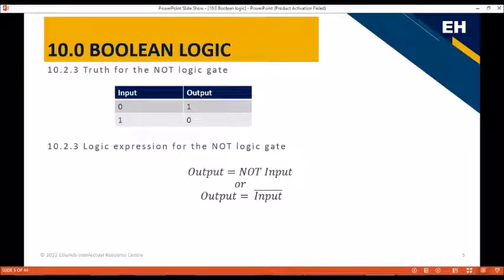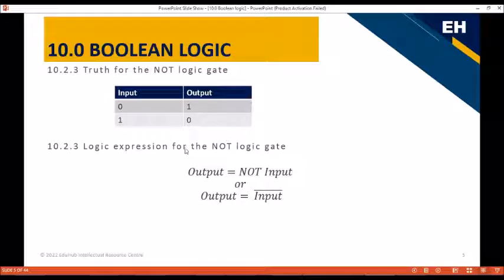So it is enough to know the rules guiding each logic gate. Having said that, when the input of a NOT logic gate is 0, the output becomes 1. And when the input is 1, the output becomes 0.